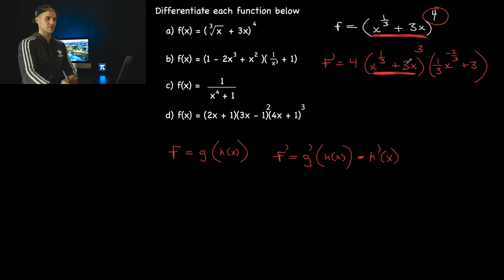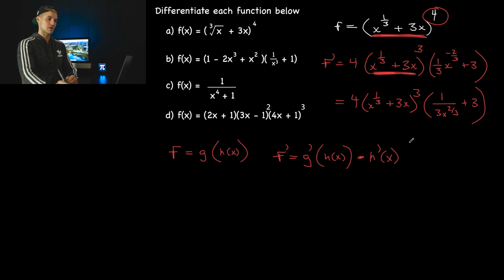From here, there's not much we can do to simplify it. What we can do is make this negative exponent look a little bit nicer. So x to the power 1 over 3 plus 3x, to the power of 3. Bring the negative exponent down, so we'd have 1 over 3, x to the power of 2 over 3, plus 3. There's not much we can do here to simplify.